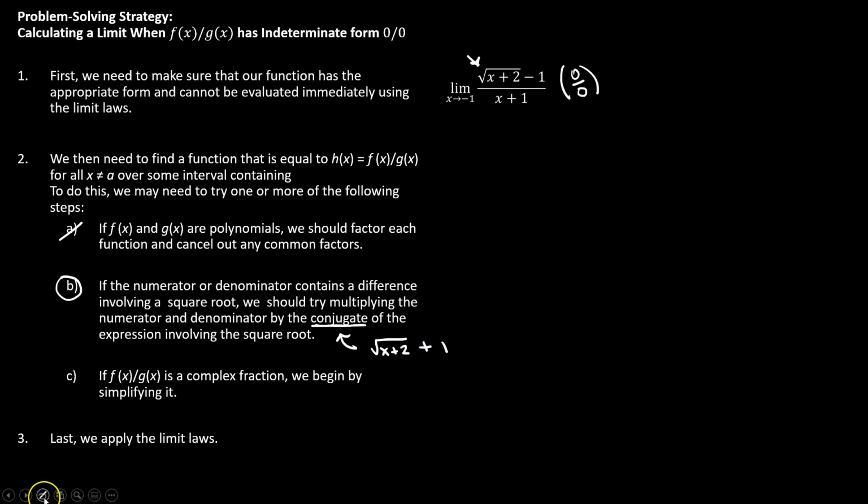So notice that in the original problem, we have minus. In my conjugate, we have a plus. So we just swapped the sign. That's how we make the conjugate. This tip says to multiply the numerator and the denominator by this conjugate. So let's go ahead and do that.